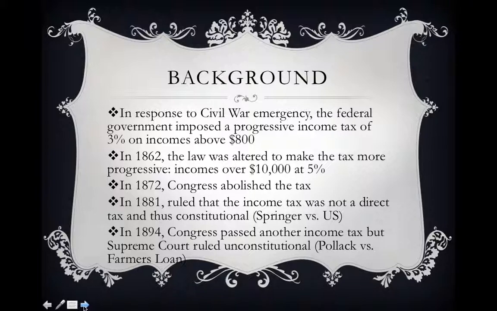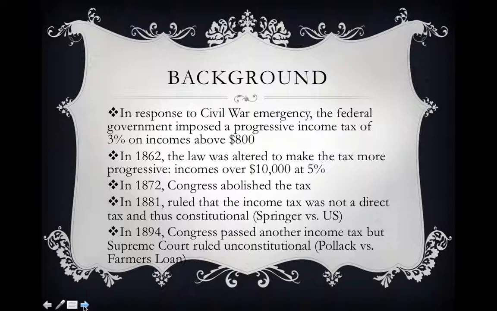In 1881, I want you to realize that the income tax was initially ruled constitutional, that it was not a direct tax, and therefore it was constitutional. That comes from Springer versus the USA. So make sure you realize that initially, regarding the fears that the income tax was unconstitutional, it was found in 1881 that the income tax was not a direct tax and was thus constitutional.